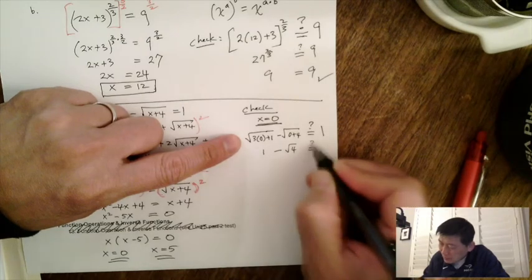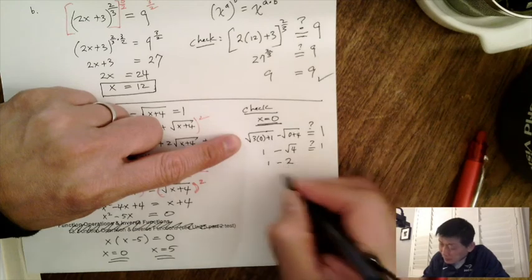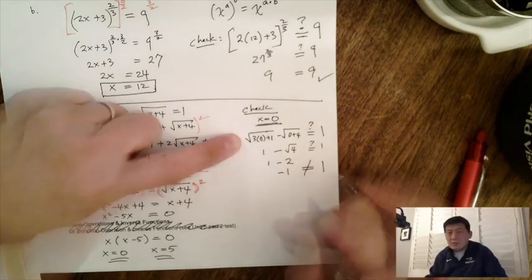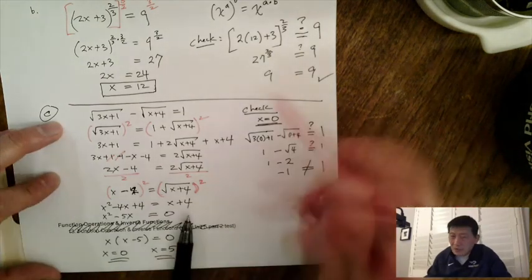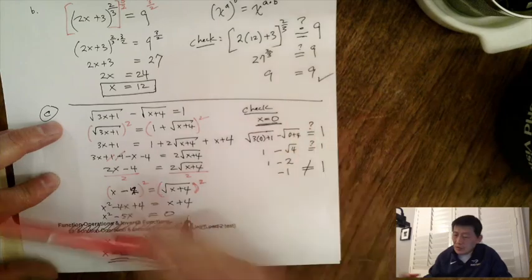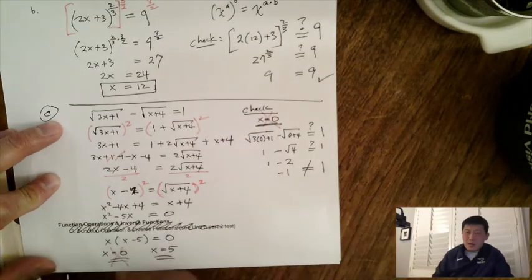Well, 1 minus 2 is negative 1, which is not equal to 1. So we know that x equal to 0 is not the answer. We're going to cross that out.